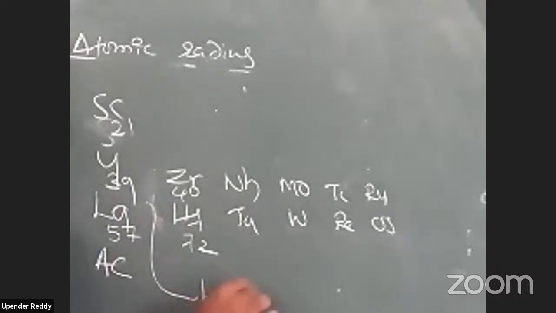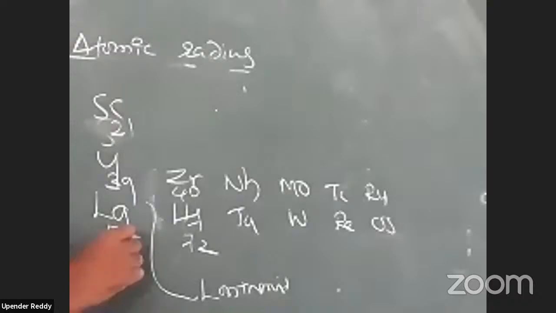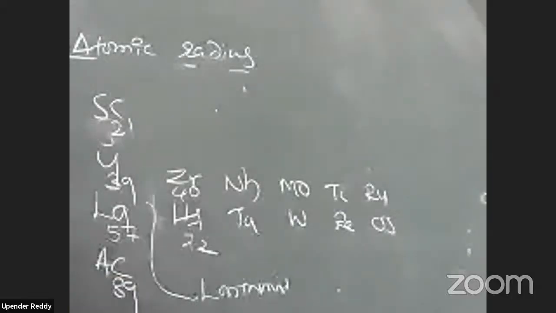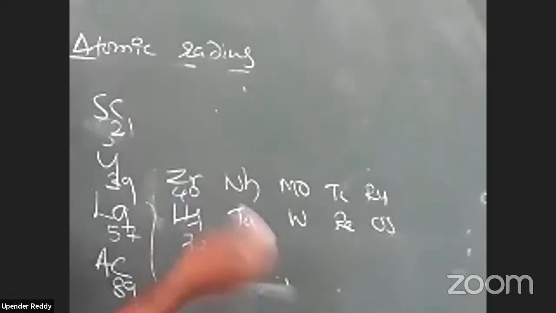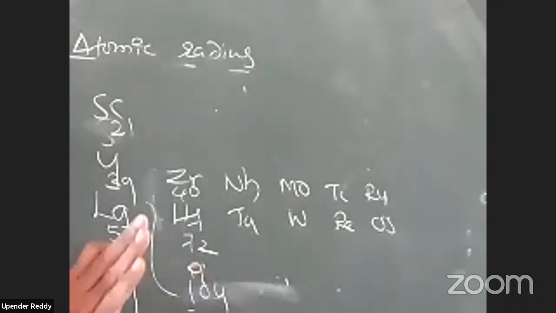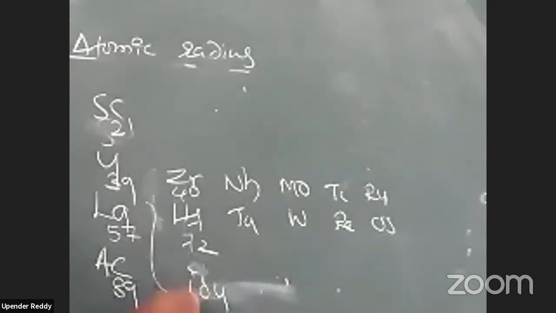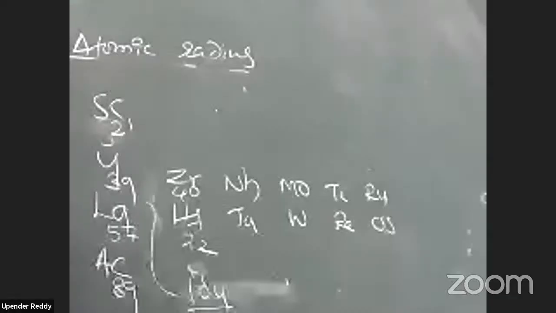14 elements, the lanthanides, are there. Similarly, 57 plus 32 gives 89. After that, we get rutherfordium, 104. In between 89 and 104, again 14 elements are there, called actinides.